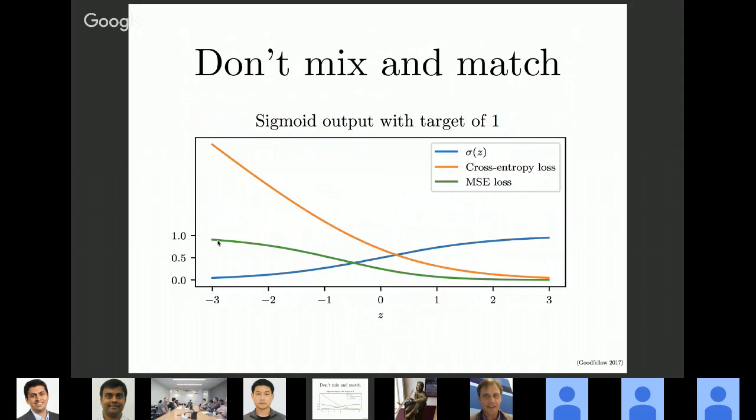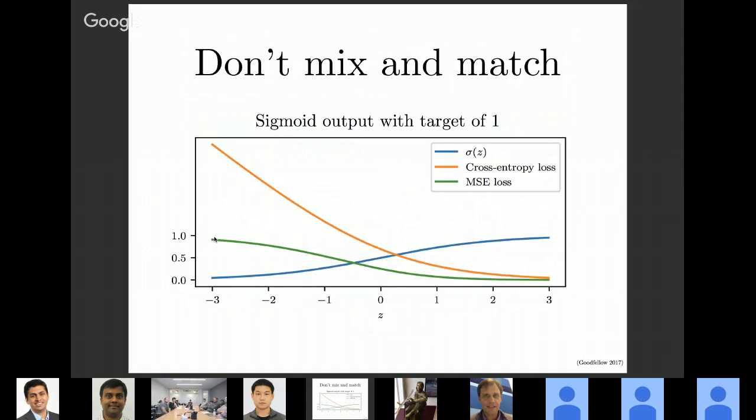It may partly have been that there wasn't enough computation to run lots of experiments and figure out a good set of hyperparameters for each problem. But I think another part of it is that people often try to do things like apply mean squared error to softmax and sigmoid units. And without doing lots of experiments and getting a lot of experience, it wasn't obvious that that was the problem that was causing the neural nets to not behave very well.